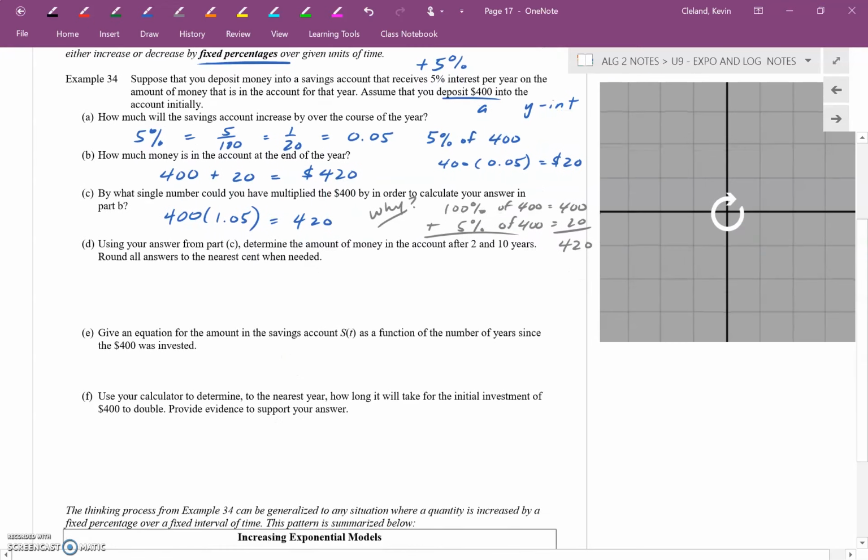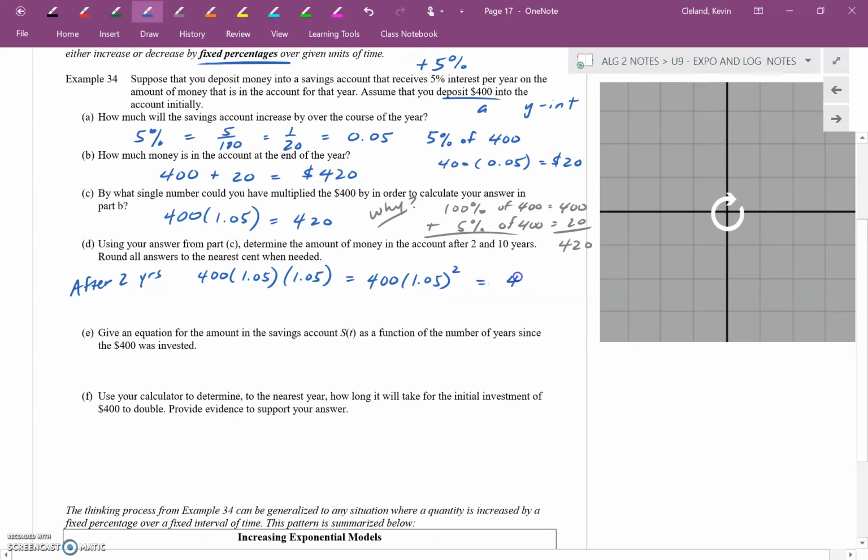Okay. Part D, how much is in the account after 2 years and 10 years? Well, what we need to realize there is that for the 2-year amount, we're literally just going to take 400, multiply it by 1.05, get 420, and multiply that by 1.05 again, which is equivalent to, and this is important moving forward, 400 times 1.05 squared.